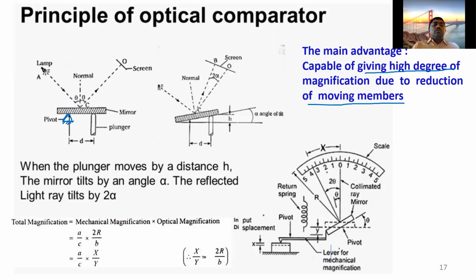The light falls on the mirror as the incident ray and makes an angle theta with the normal. The reflected ray also makes an angle theta with the normal, and this ray falls on the ground glass screen, on which we have the divisions.